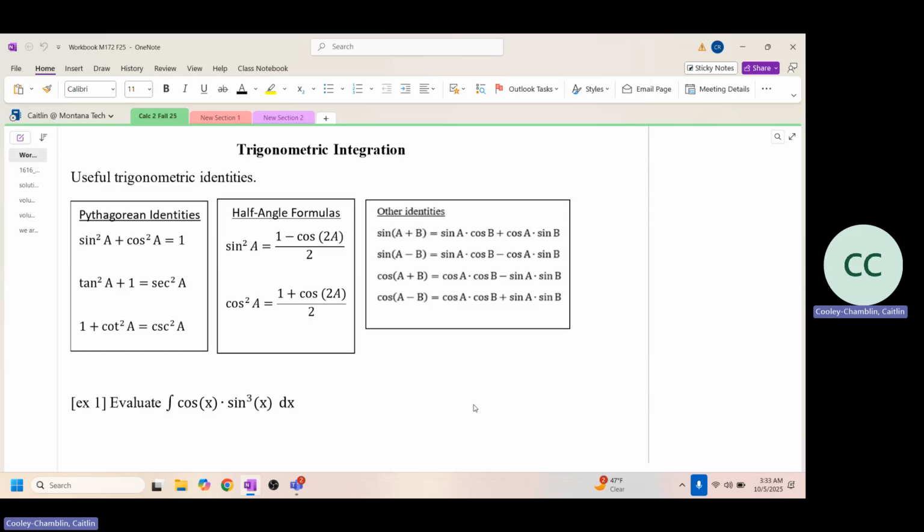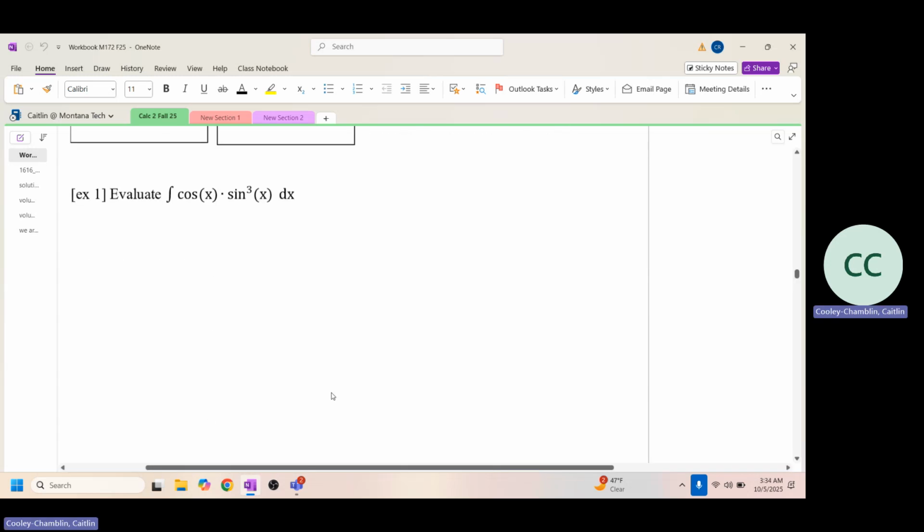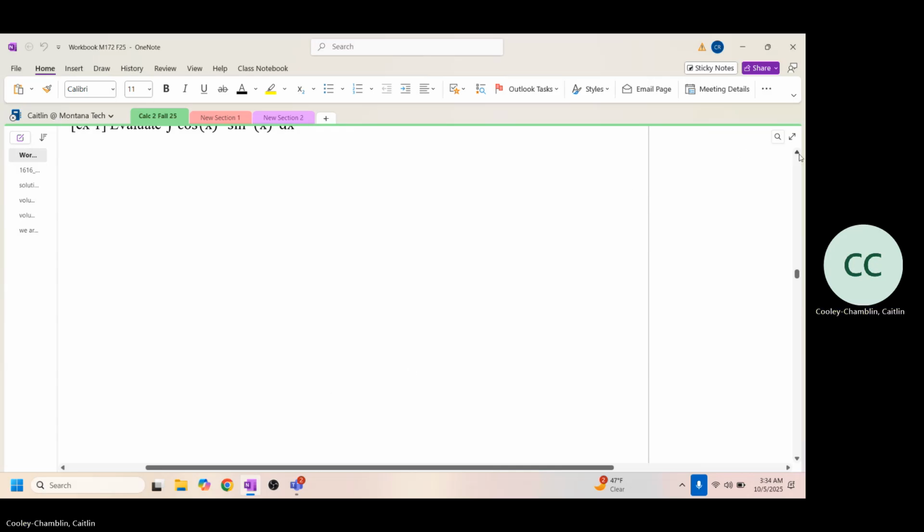Okay, so example one says evaluate the integral of cosine of x sine of x dx. The first thing I think to try is maybe some algebraic or trig manipulation.